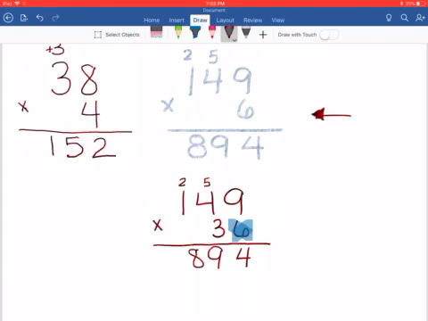Now, in order to multiply the 3 as just a 3 and not a 30, because if we were doing partial product, you would use this as a 30. But because we're using the algorithm, we want to make it only a 3.